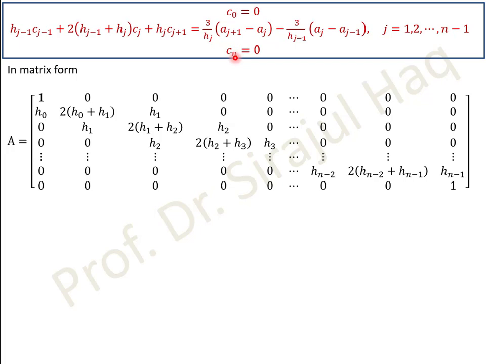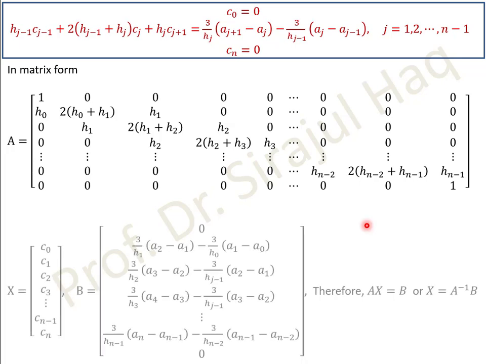So the coefficient of Cn is 1, and that's the reason you can see 1 is there. So you can see that these three lines give you this n plus 1 by n plus 1 coefficient matrix.